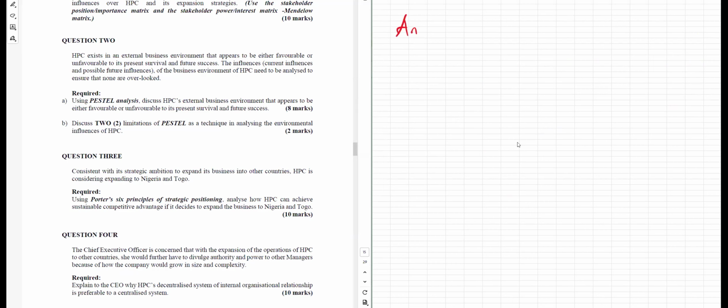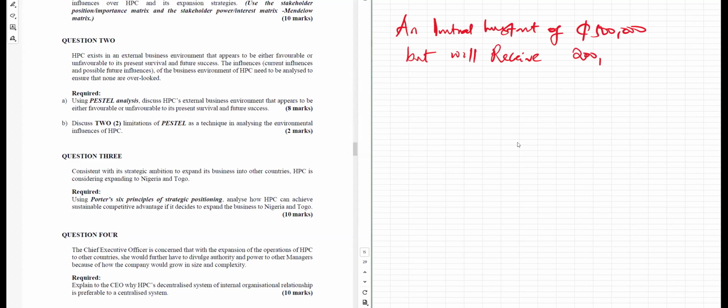Example, let's say I have an investment which will bring cash flows. I have an initial investment of 500,000, but I will receive 200,000 starting from year 7 to year 12.